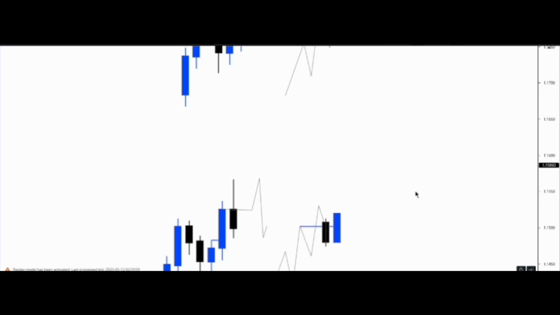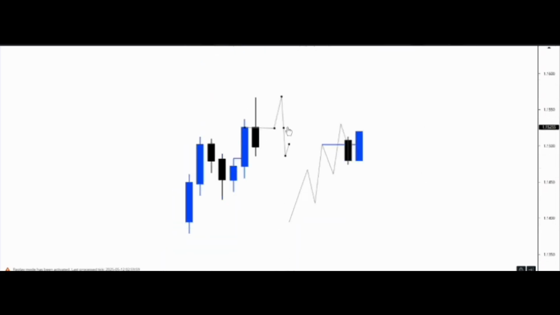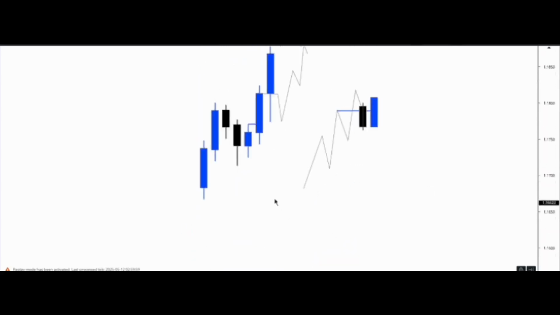Now, how do you approach this kind of scenario if you find it in the market? Well, I'm going to show you all of that. But remember that I told you that once price does something like takes out the high of the previous day's candle with a candle wick, I told you in our last upload that that is called liquidity sweep. So the way you trade this sweep here is different from the way you trade this one here.